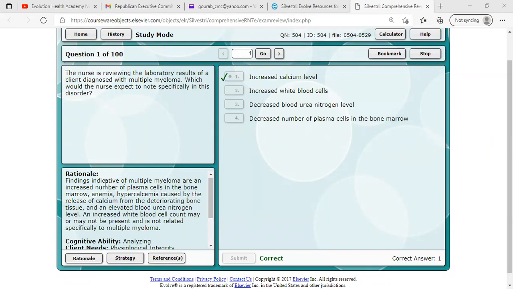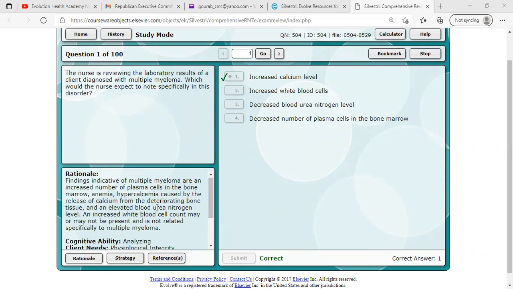The patient also develops anemia and hypercalcemia, caused by release of calcium from deteriorating bone tissue. So multiple myeloma attacks the bone, the bones are broken down, they release calcium, and calcium comes into the blood and increases the level.